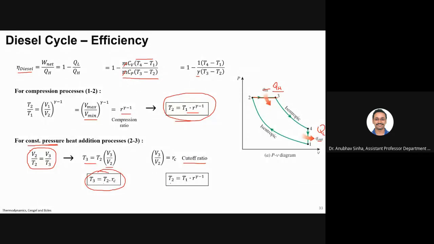Or in other terms, I'm just writing it again. If you combine these two equations, what we can see is that T3 is equal to T1 into r to the power gamma minus 1 into rc. So I can relate T3 to T1. So I have relations between T3 and T2, T2 and T1, and finally we can relate T3 and T1.